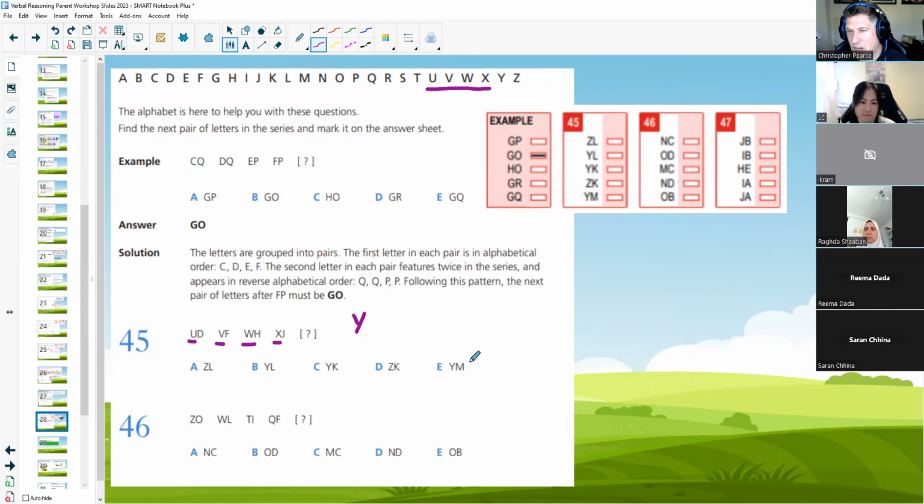Anything in the exam that can grab me back 30 seconds or so gives me time somewhere else. So if we think about the fact I've got the Y, and if I look at my answer options, I've got 3 Ys. I've got a YL, a YK, and a YM. So I'm actually going to get rid of the options that were Zs. And it just limits my choice a little bit.